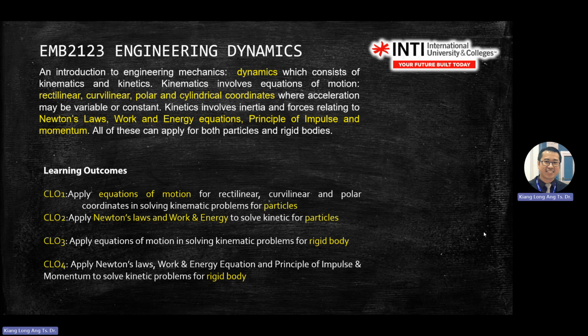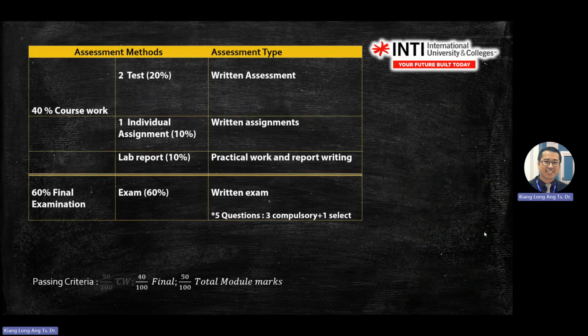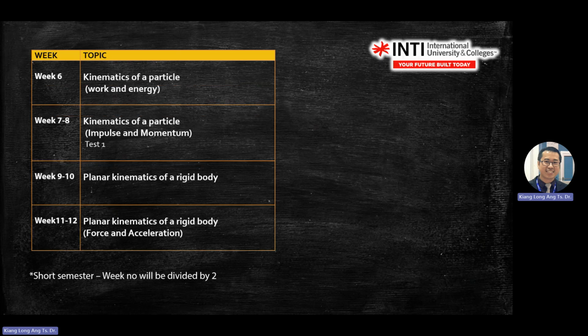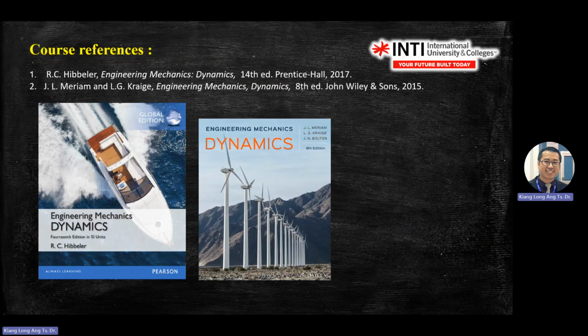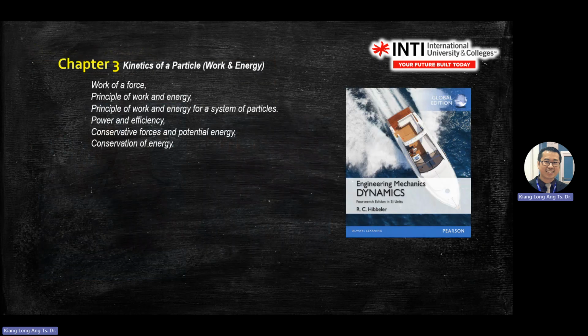Okay. Now today we will recap or refresh on work and energy. Okay. Let me summarize chapter 3. Basically, this one you already learned. It's just a recap of what is energy and work. Okay, work.